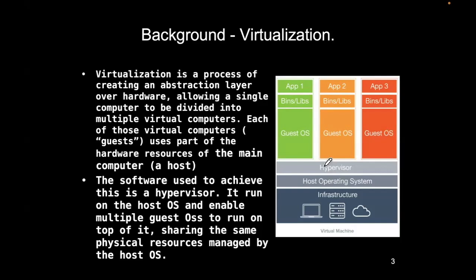Then you need a special piece of software called a hypervisor. And on top of that, you can spin up or start up individual VMs where each VM is running its own full operating system. And then on top of that is where you put your application.